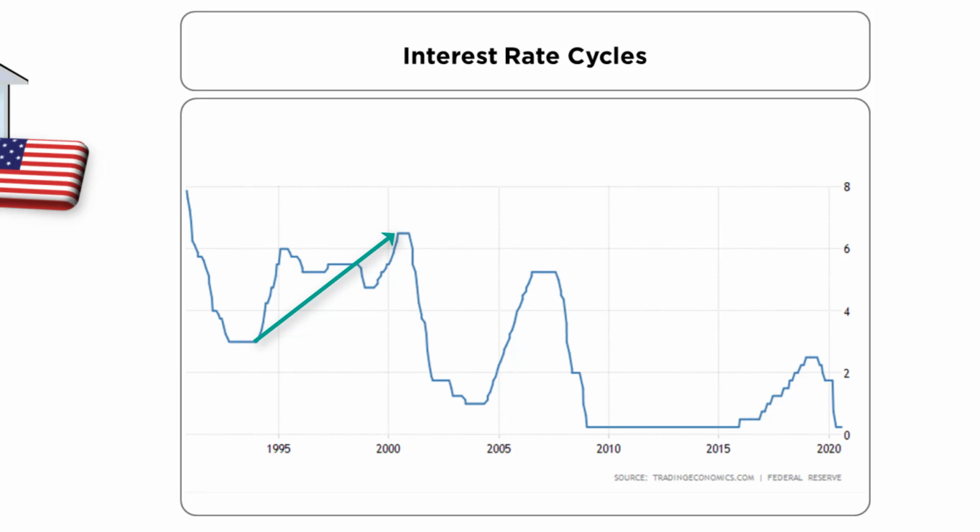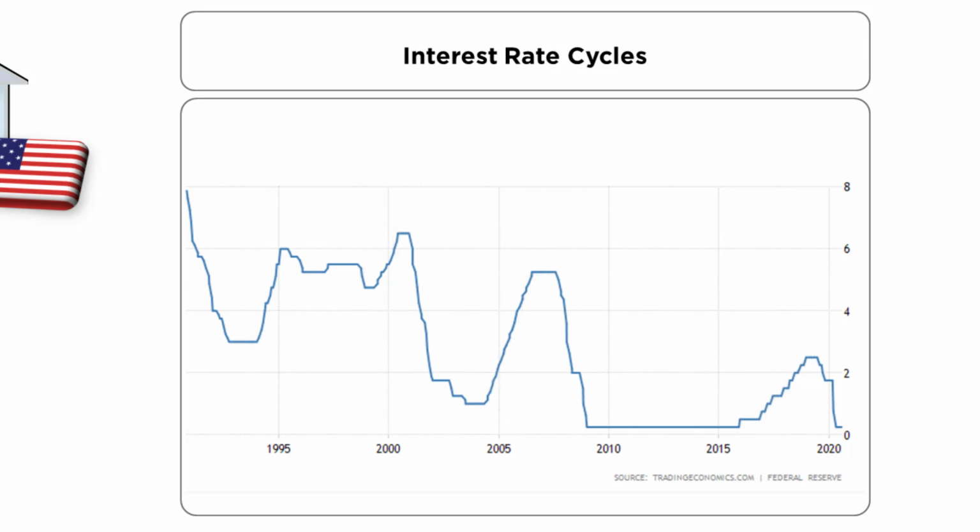Or from 2004 to 2007, where the Fed raised interest from 1% to 5.25%. And the last interest rate cycle from 2015 to 2019, where the Fed raised interest rates from 0.25% to 2.5%.